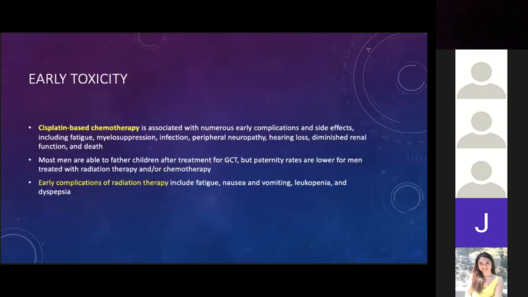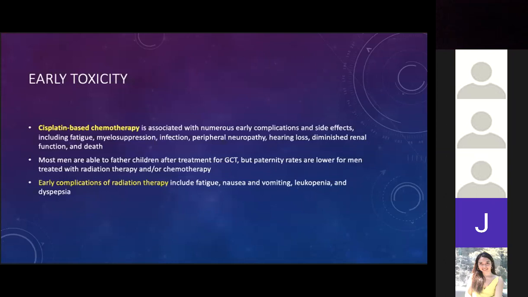For early toxicity, cisplatin-based chemotherapy is associated with numerous early complications and side effects, including fatigue, myelosuppression, infection, peripheral neuropathy, hearing loss, diminished renal function, and death. Most men are able to father children after treatment for GCT, but paternity rates are lower for men treated with radiation therapy and/or chemotherapy.